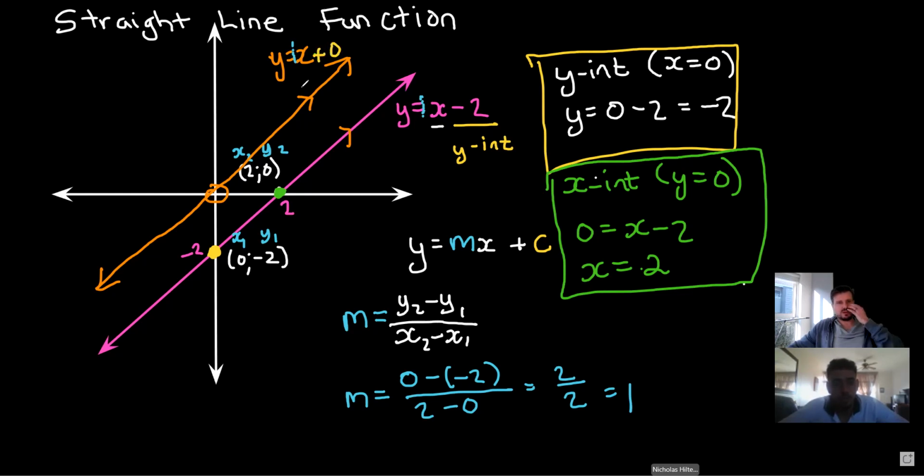Now this would make it very difficult to draw this function. If you draw y equals x, your y-intercept when you make x equal to 0 would just be y equals 0. That is true, because it does run through the origin.